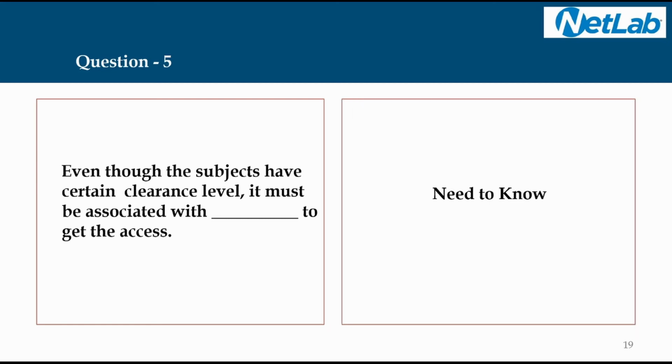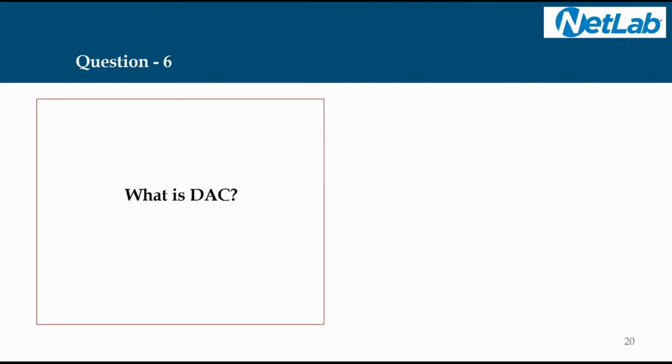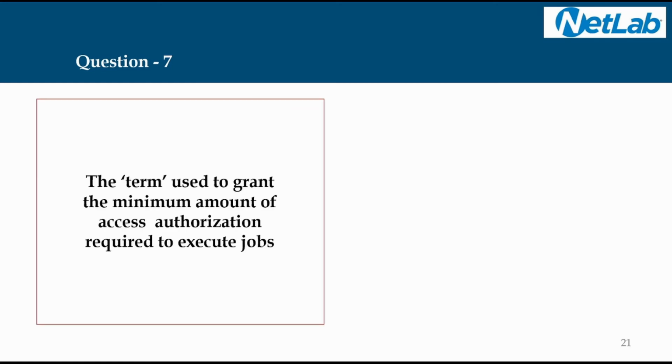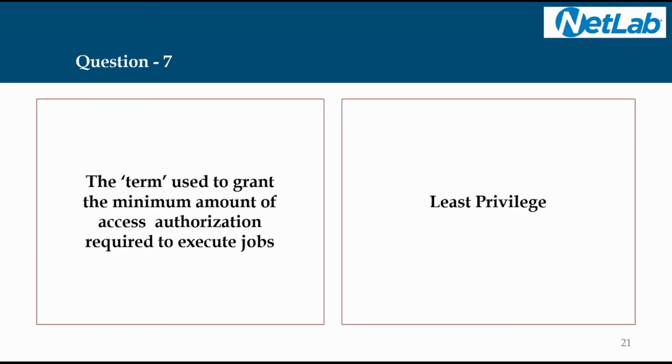Need to know. Question number 6. What is DAC? DAC stands for Discretionary Access Control. Question number 7. What is the term used to grant the minimum amount of access authorization required to execute jobs? Least privilege. Question number 8.